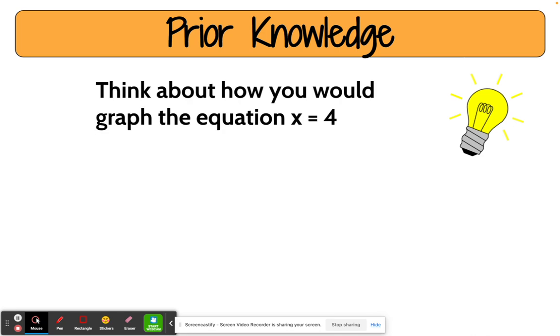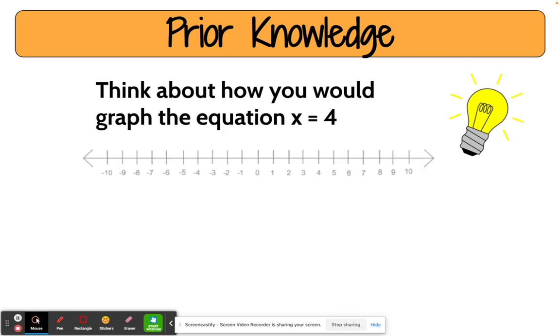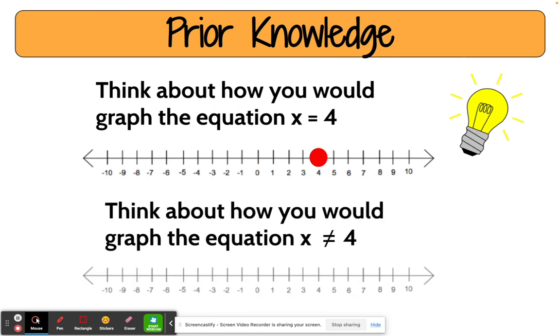Let's think about something. If I said graph x equals 4, we've done this before. We put a little dot on that 4, and that's x equals 4. Now, how do you think you'd graph x does not equal 4?